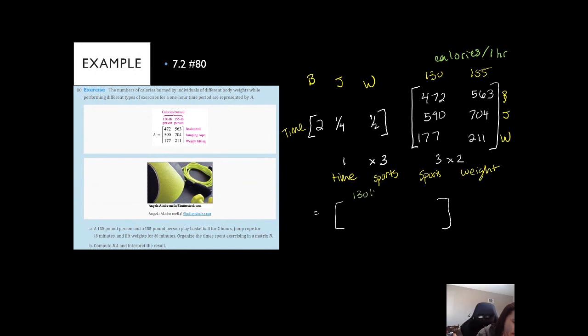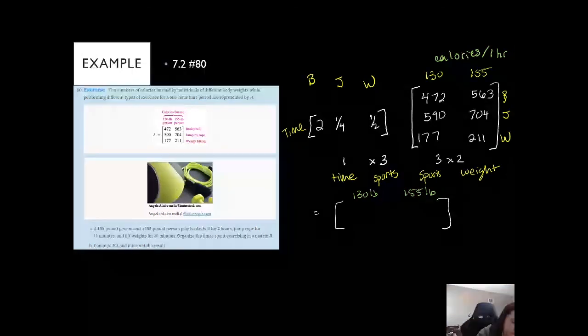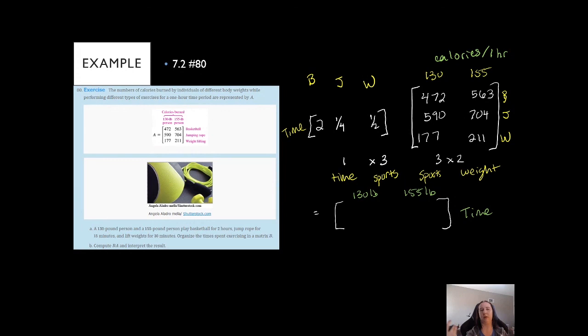For the 130 pound person and then the 155 pound person. And it's going to be time for that particular weight class. And you can tell that because we're going to get a 1 by 2. 1 is time, 2 is weight here. Or is it going to be total calories?